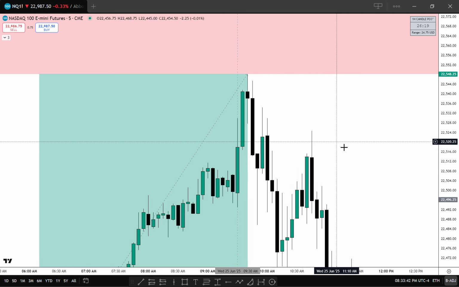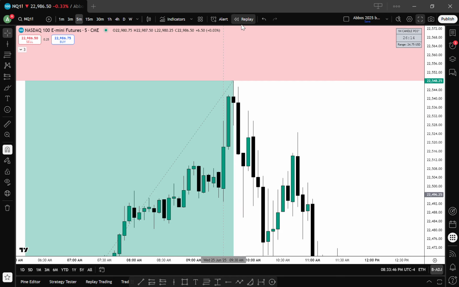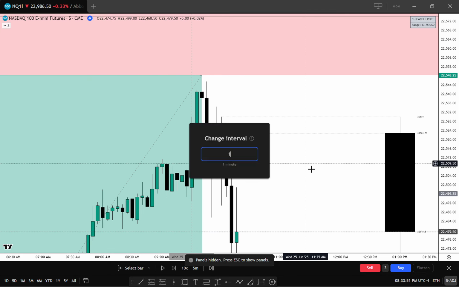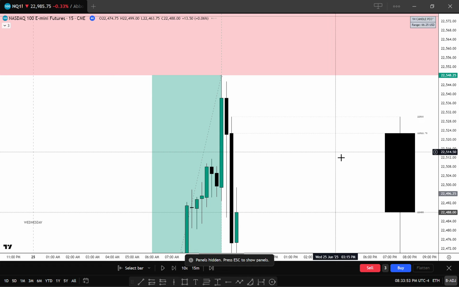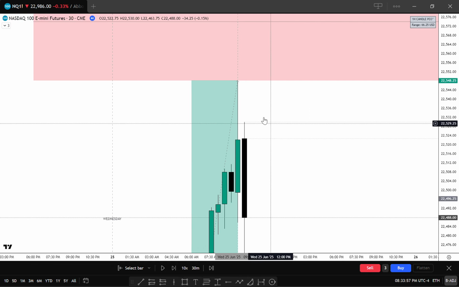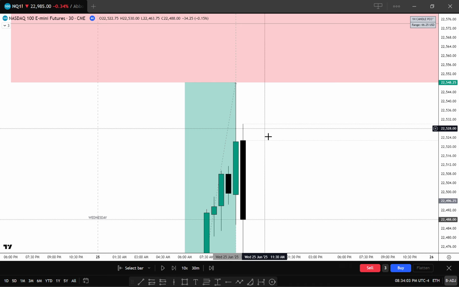So if we put a timer on, or the vertical line on 9:30, go on to the 15-minute chart. Let me go to replay mode. Okay, so it's not a wick yet. On the 30-minute chart, that price action up and down appears as a wick, correct?